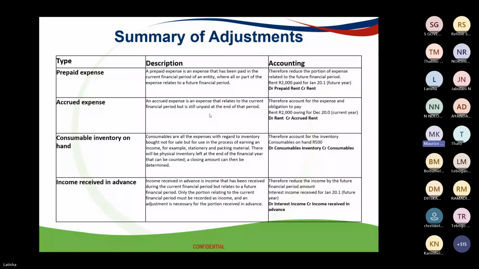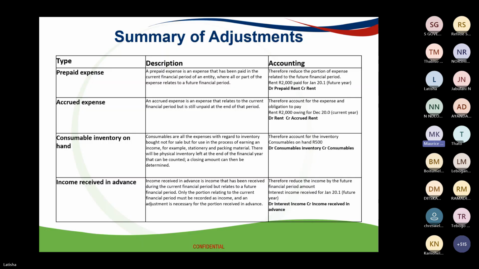And then the next one is consumable inventory on hand. The consumables are all expenses with regard to inventory bought, but not for sale, but for use in the process of any income. For example, stationery and packaging material. There will be some inventory left at the end of the financial year that can be counted, a closing amount which can be determined.